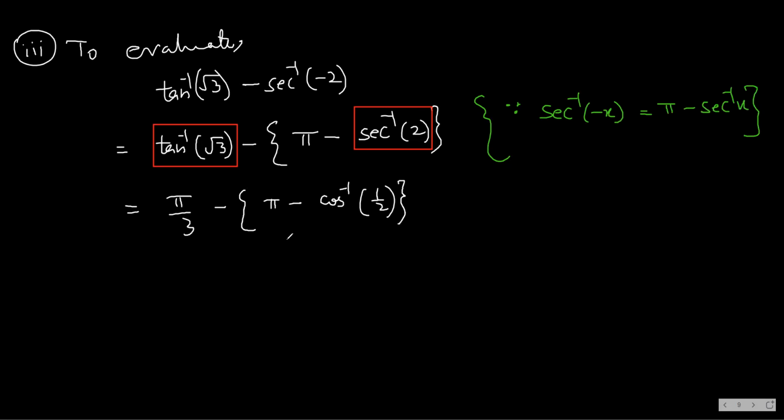Now you know what will happen. Pi by 3 minus pi minus cos inverse 1 by 2, where cos inverse 1 by 2 is pi by 3. How? Because cos pi by 3 is 1 by 2. See how interesting this is.